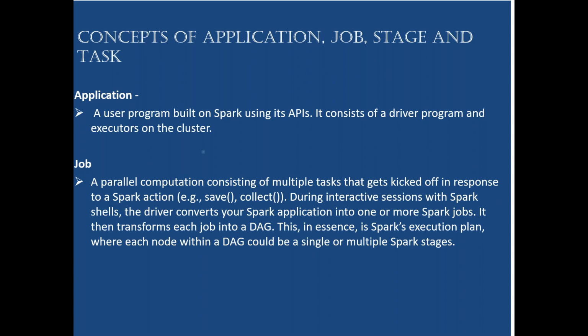Now the question is, can we see the same in data frames? Data frames are a little bit different, right? Data frames will do some initial checks. Anybody remember which concept we discussed? Catalyst optimizer. Yes, we discussed the catalyst optimizer as part of our training.